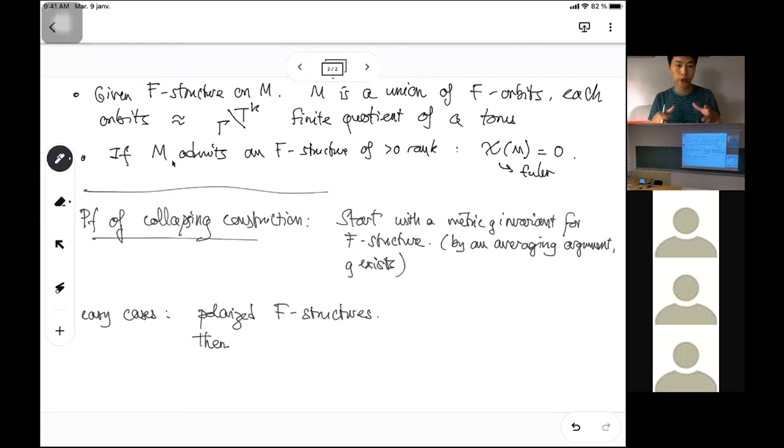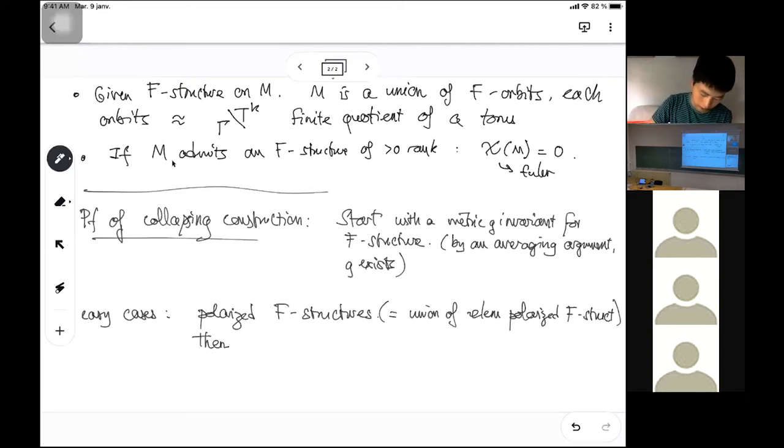A polarized F structure is a union of elementary F structures that are polarized. And then what you want to do is to apply the rescaling trick to each elementary F structure.